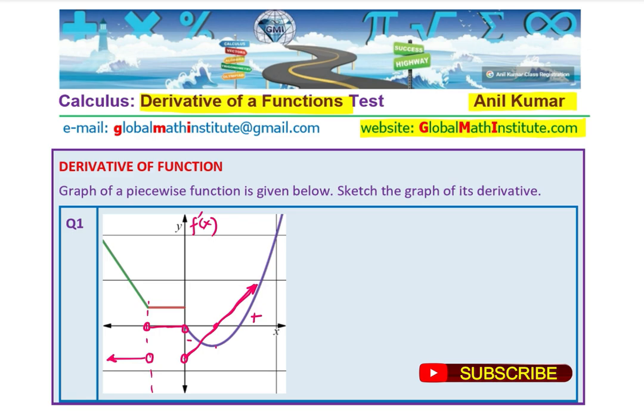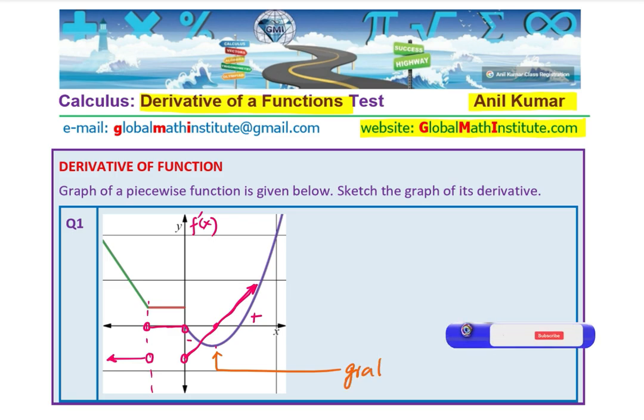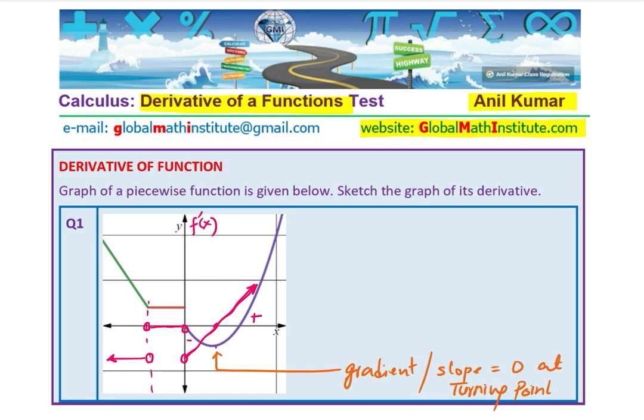So what you notice here is that this turning point, the gradient or slope equals to 0 at turning point. Perfect. So I hope with this, the graph of the derivative is absolutely clear.